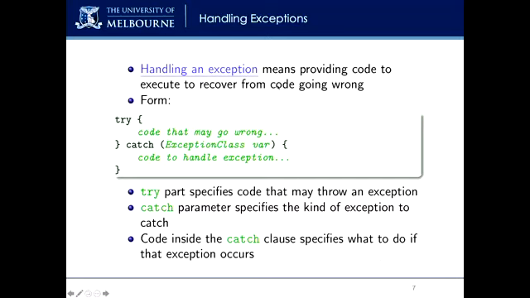So handling exceptions follows this form. You use the try keyword. Essentially, if you've got a block of code that could potentially cause an error, you'll have seen this with the Scanner class. If you ask the scanner to take in an integer and somebody puts in a word, it's going to give you an error, right?